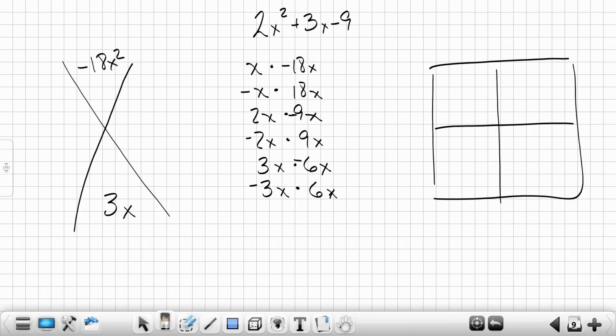So which one in here works? Negative 3x plus 6x. Yep.